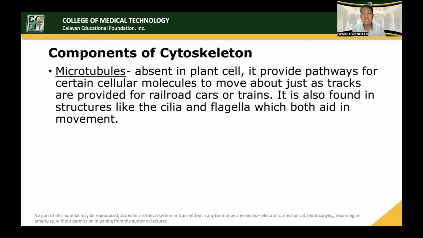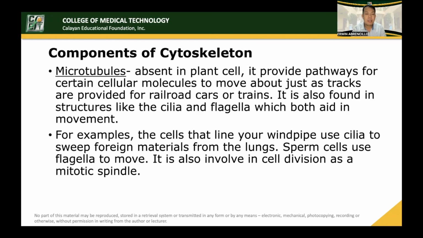By the way, cilia and flagella are structures found outside the cell that are used for movement. Flagella are very visible in sperm cells, and cilia are very visible among muscle cells, or even in the lining of our stomach or in the lining of our other organs.